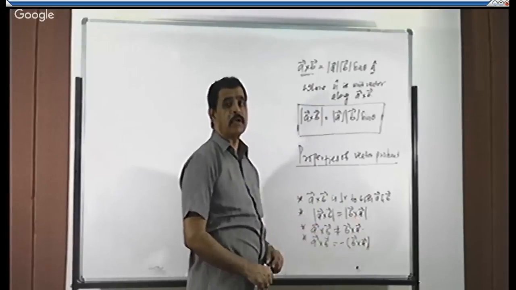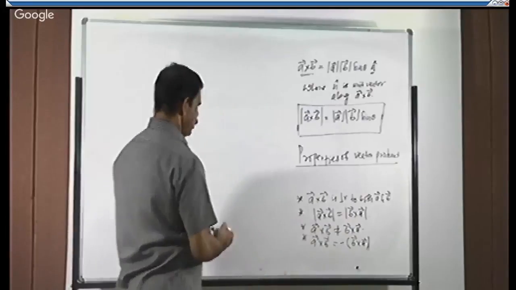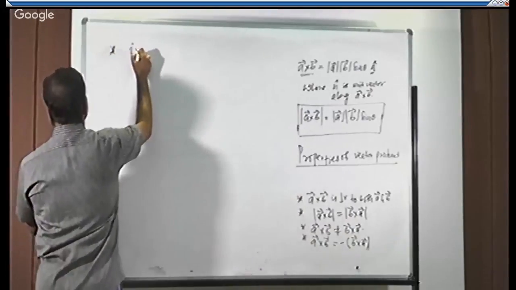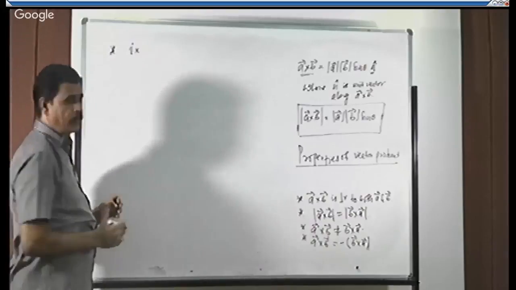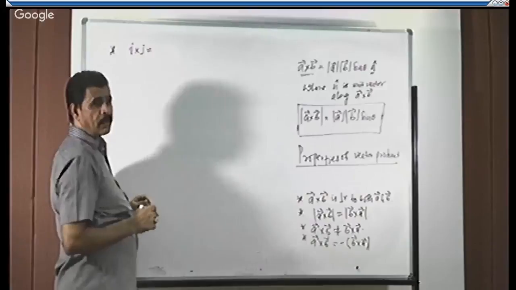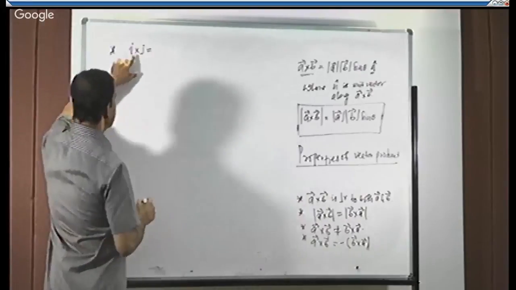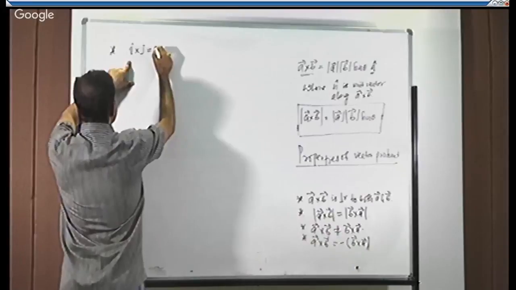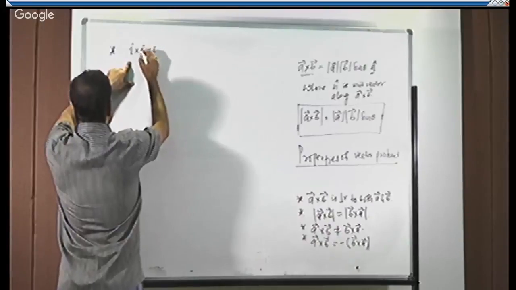The other properties: I is the unit vector along the x-axis, J is the unit vector along the y-axis. Their cross products.